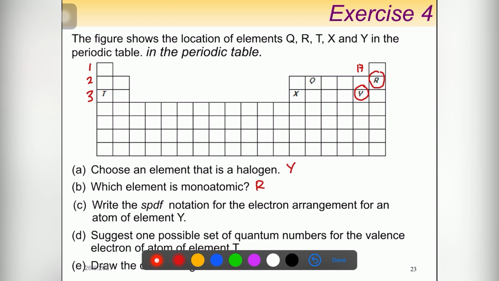So maybe you can start with the configuration for the valence electrons. Highest n is 3s. 17 means that it has 7 valence electrons, which is 2 in orbital 3s and another 5 electrons in orbital 3p. So this is the electronic configuration for the valence electrons based on the information from the periodic table.